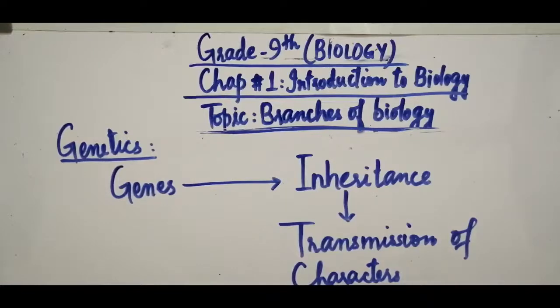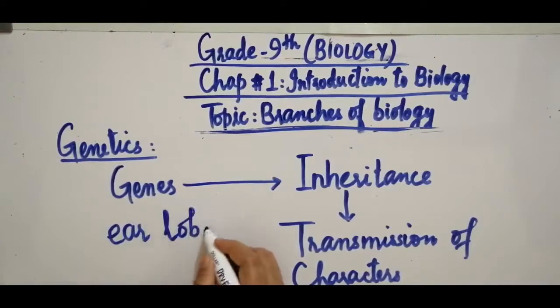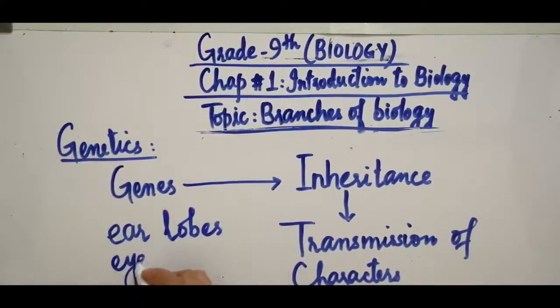That is from the parental generation to the offspring. Actually, these are some physical features like ear lobes, eye color, hair color, your height, blood groups, and so many other characters which can be transmitted from the parent to the offspring.